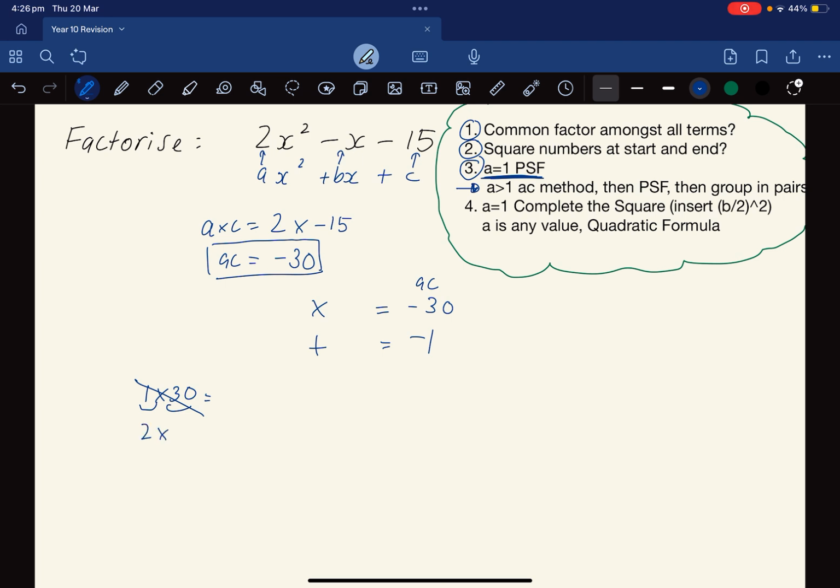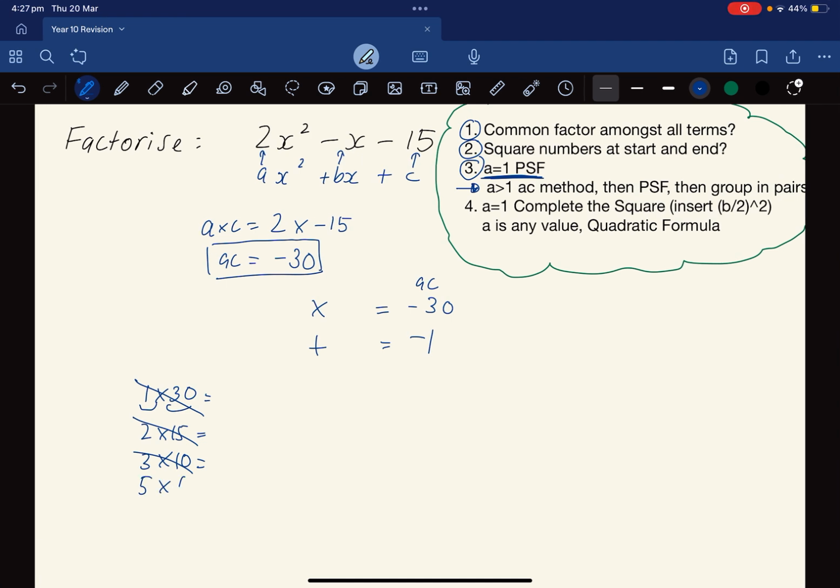So 2 times 15 is not going to get me anywhere near -1, so I can immediately disregard. 3 times 10, we're getting closer, but it's not going to get me near -1 on the number line if I add or subtract 3 and 10. What about 4, 5, let's try 5.